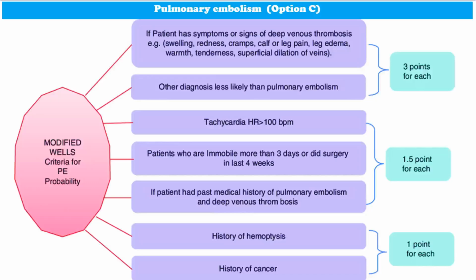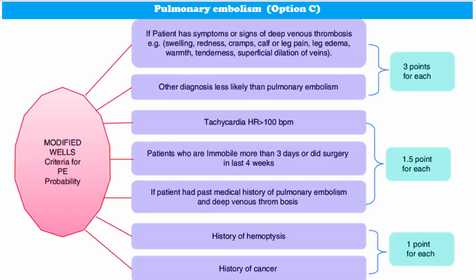The Wells criteria for pulmonary embolism is a clinical tool used to assess the probability of PE in patients who present with symptoms suggestive of PE. The criteria consist of several elements, each assigned a certain number of points based on their association with PE.